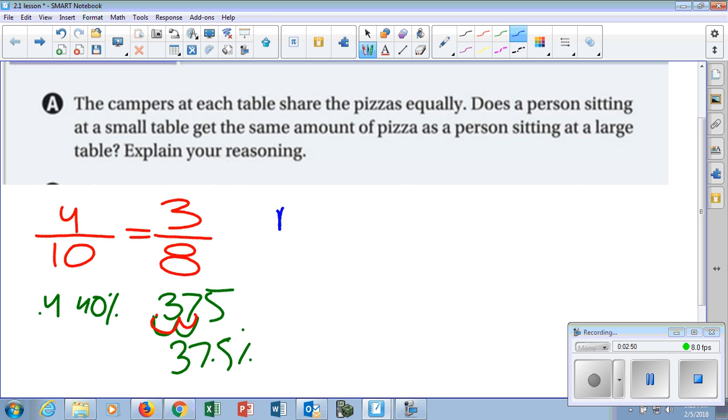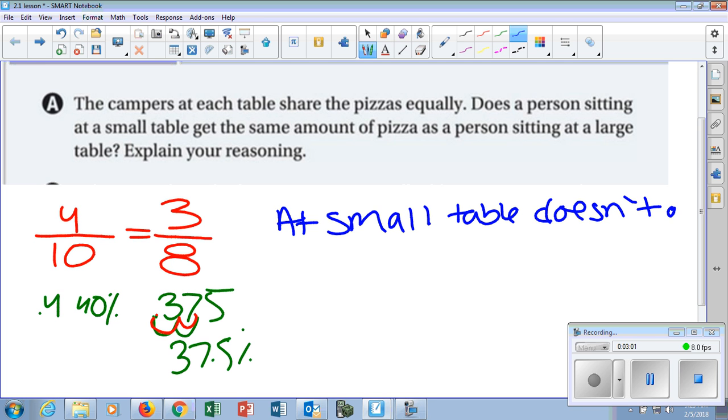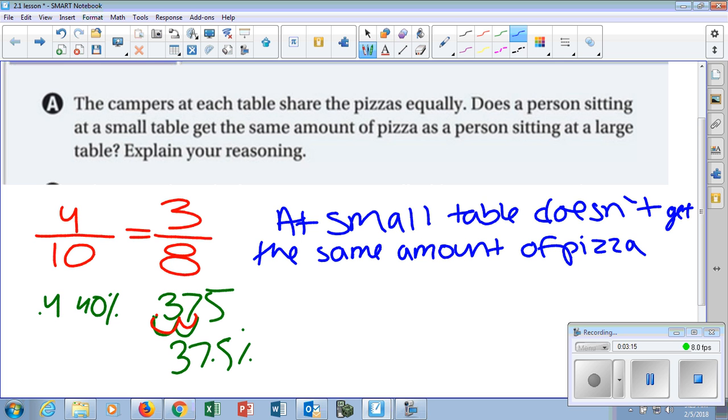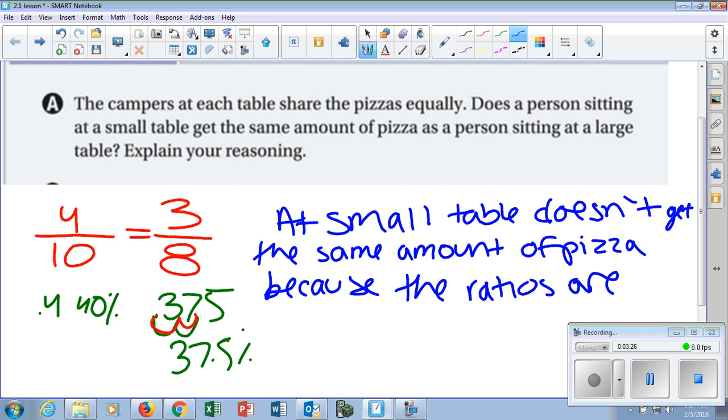A person sitting at a small table doesn't get the same amount of pizza because the ratios are not the same.